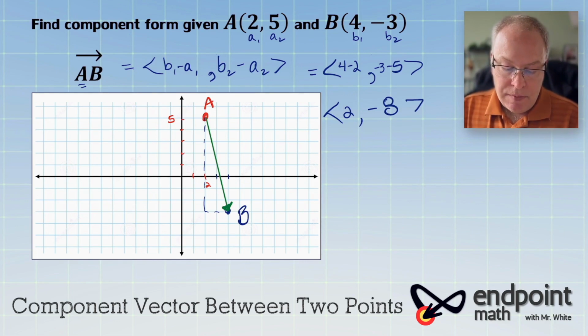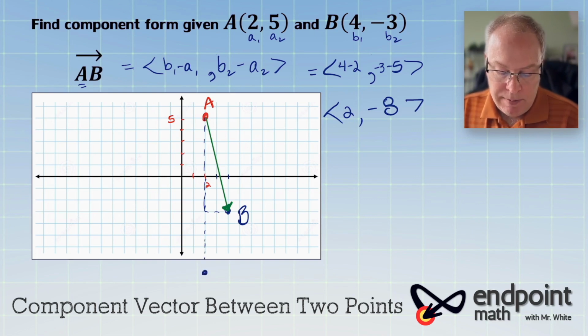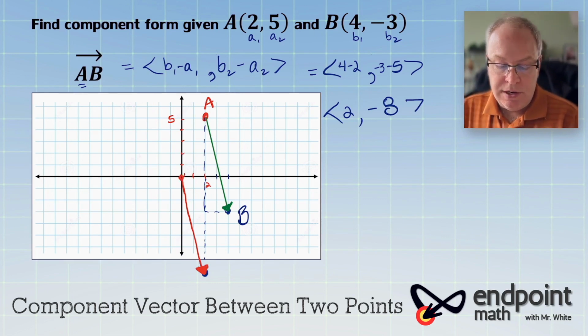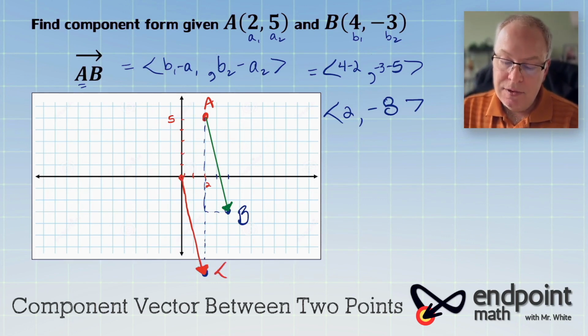Now (2, negative 8) is actually off my grid here, but I can still estimate it. It would be, let's see, there would be 7, here would be 8. All right, so the component form, where the center is (0, 0), where it's starting at (0, 0), is 2, comma, negative 8.